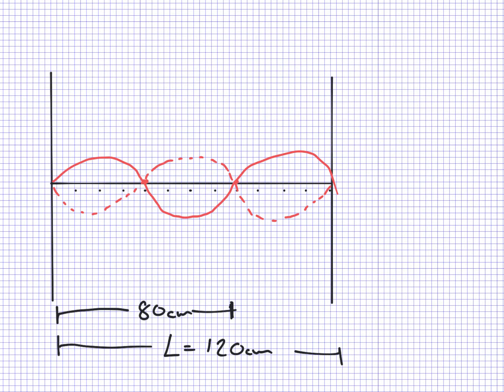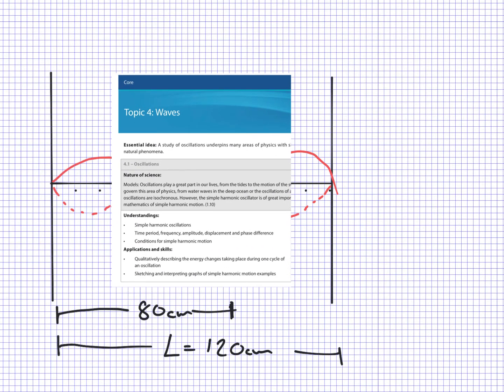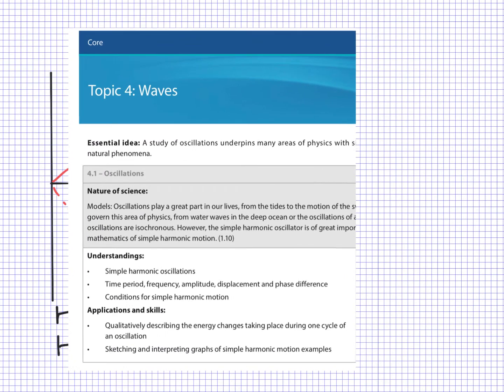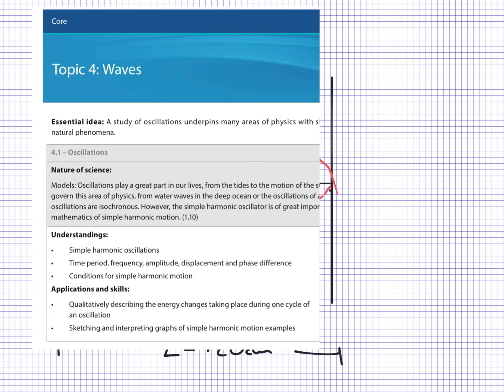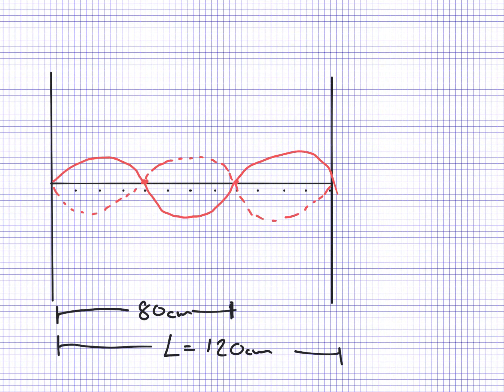Well, let's actually look at the curriculum first of all. There's not a lot in there in terms of definitions. We're just told that we need to know time, period, frequency, amplitude, displacement, and phase difference. Now, the problem is there's two different ways of looking at phase difference.